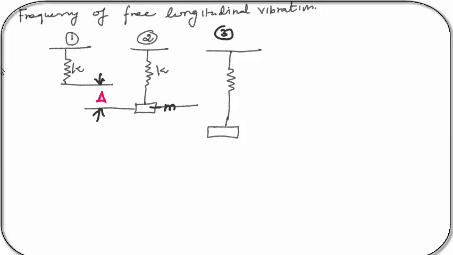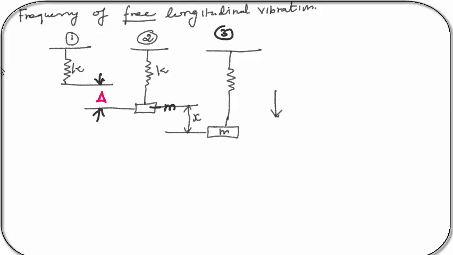Here again it has moved to another distance, and the distance the spring has moved is x. That means I have moved the entire system, the mass, in the downwards direction to induce the vibration. Then I allow it to vibrate on its own. That is why we call it free longitudinal vibration.